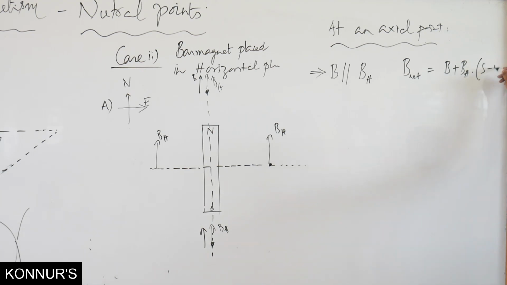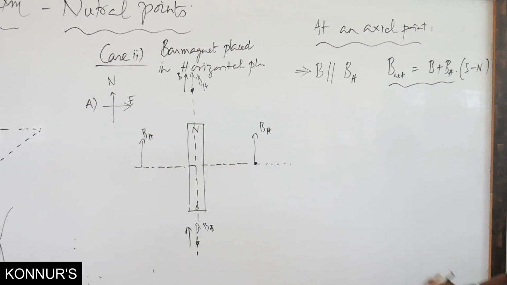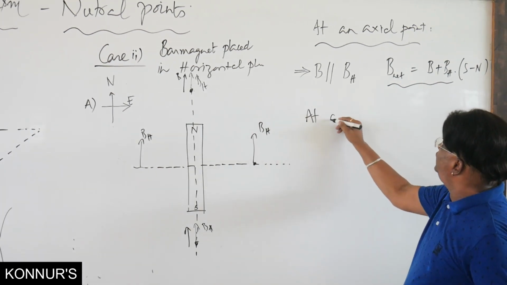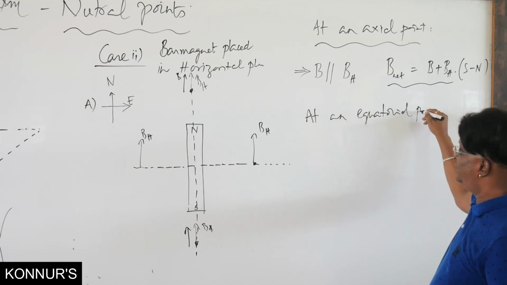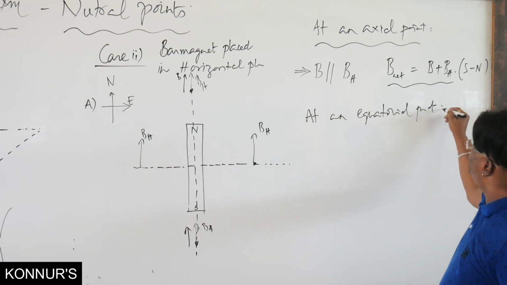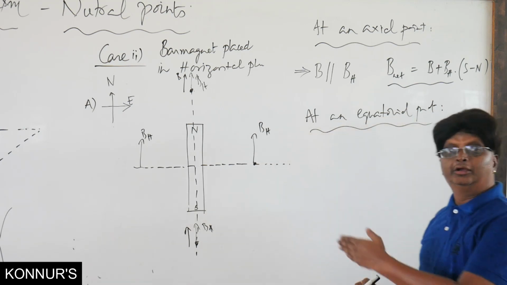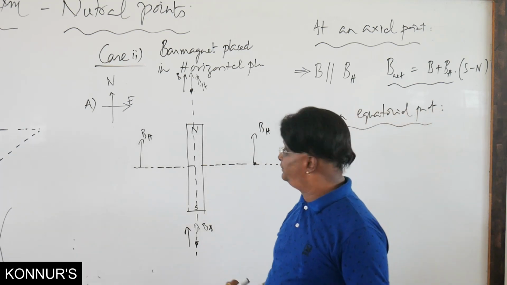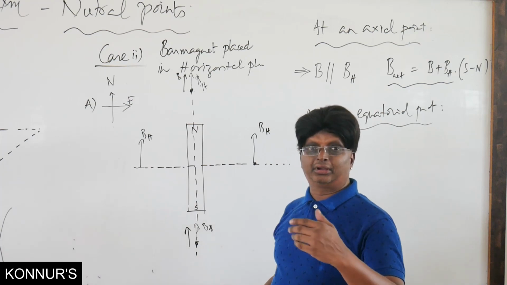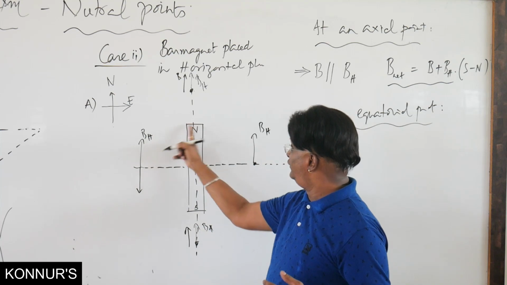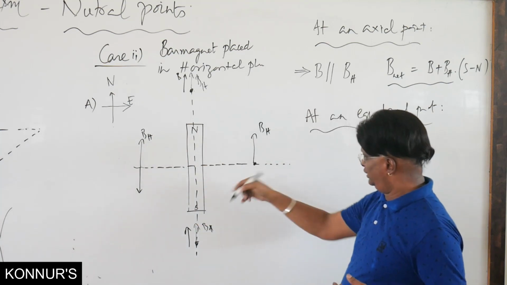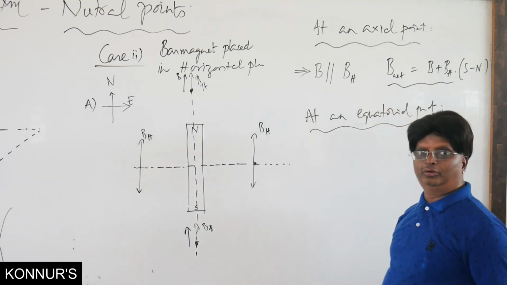Therefore, the net magnetic induction is in the south-north orientation. Whereas at an equatorial point, draw the B vector due to the dipole, parallel to the axis, from north pole to south pole.